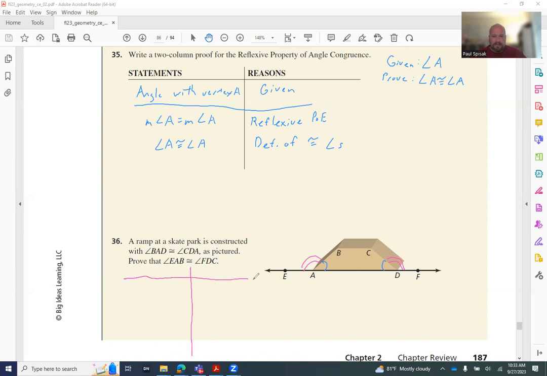Maybe they just assumed we didn't know some of the postulates and theorems so far. I'm not sure. But we have our statements. We have our reasons. What do we know? Well, we know that angle BAD is congruent to angle CDA. How do we know that? It was given.